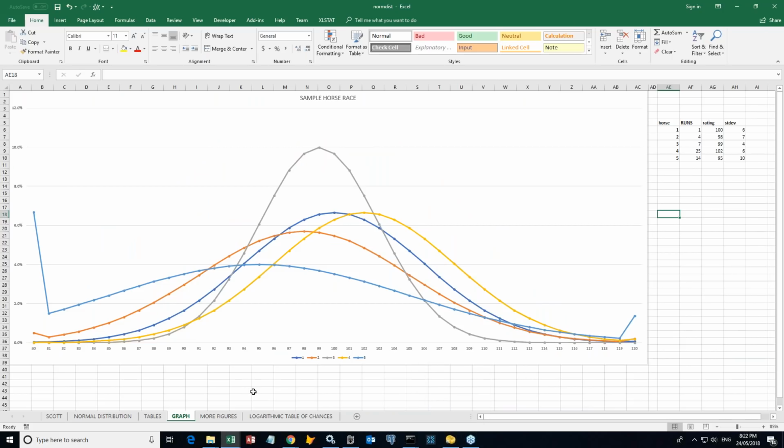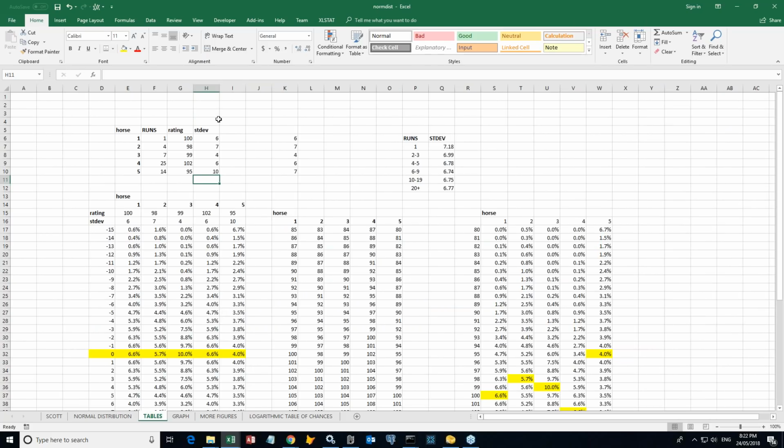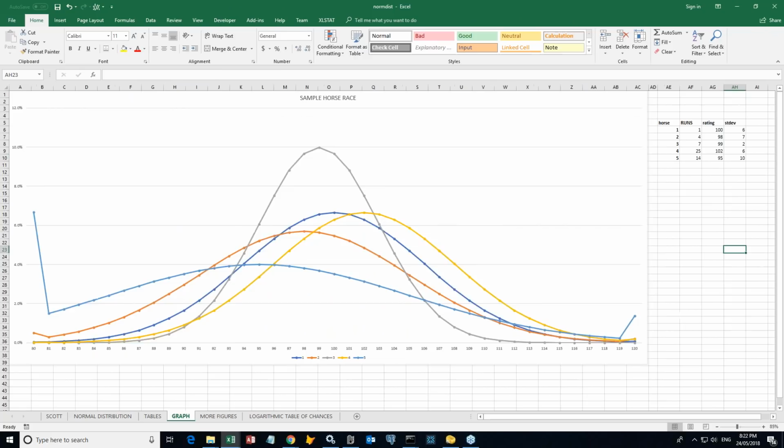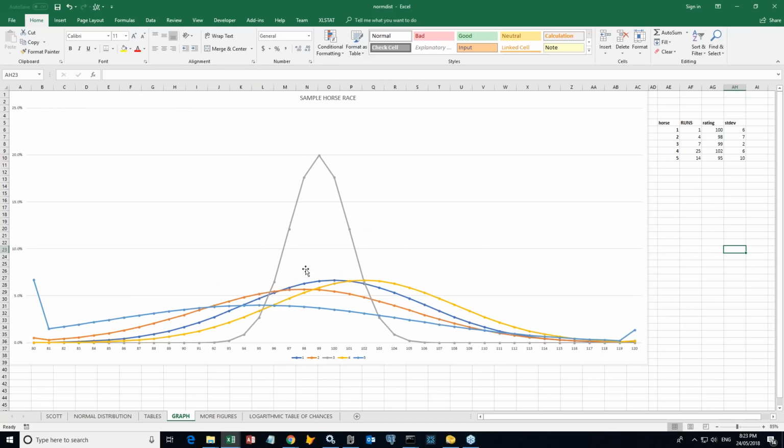Things change a bit, you see. So our highest peak is in our horse number 3, the guy who has a standard deviation of 4, which is why we can see a high point, because a lot of his ratings are going to be around the rating we've given him because he's consistent. You see, if we changed that to a 2, he's up high while everybody else is down here.